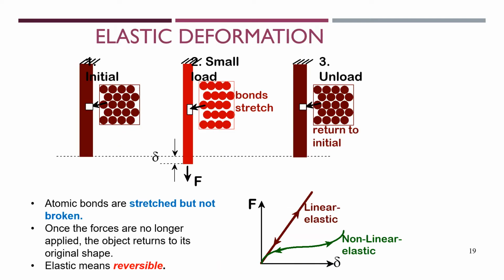So as you can see, here is the elastic deformation at the initial stage, with a small load, and after it is unloaded. At elastic deformation, after you unload the stress, it will return to the original or initial stage.